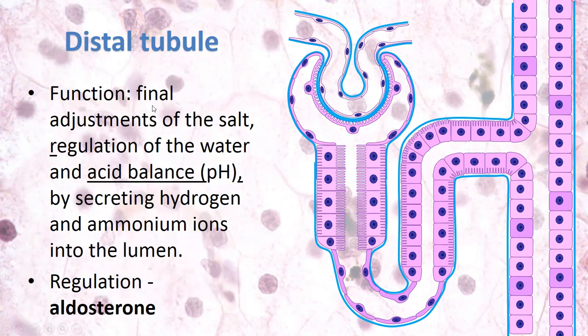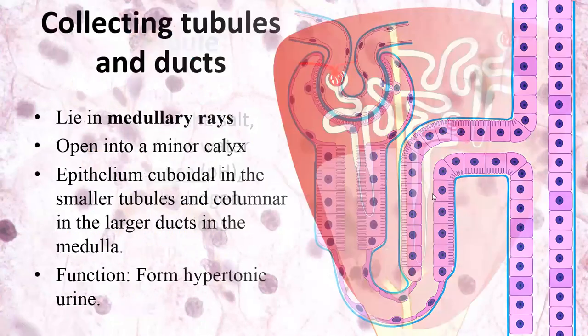And also they provide final absorption of the salt, and also they provide regulation of the water and acid balance because of release of hydrogen ions and ammonium ions into the lumen. So the distal tubule participates in the secretion also, not only in the reabsorption.